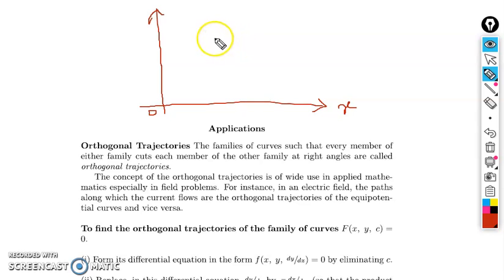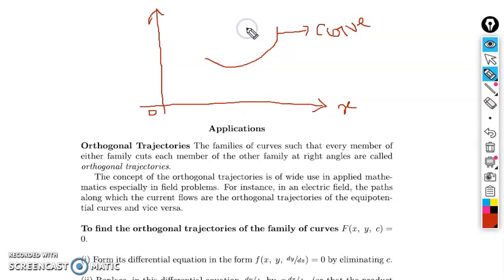Clear? If we consider a curve, say this is your curve.